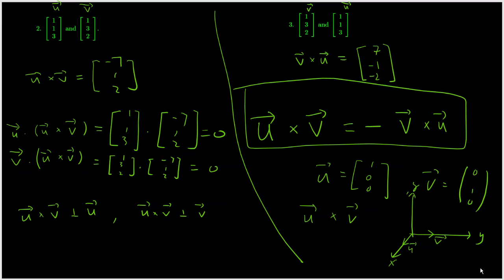The cross product is upward. Actually, the cross product is in that direction, right? Thumb in the direction of u, index finger in the direction of v, then the middle finger will give you the direction of the cross product. That's the right hand rule.